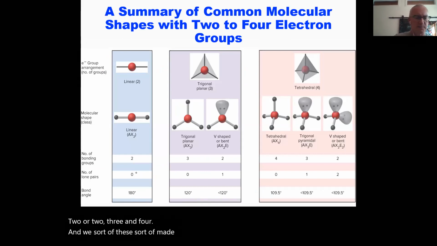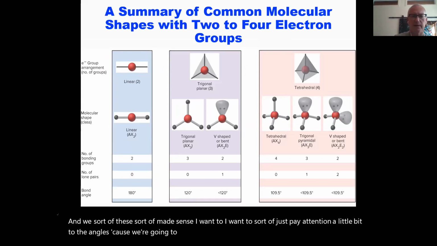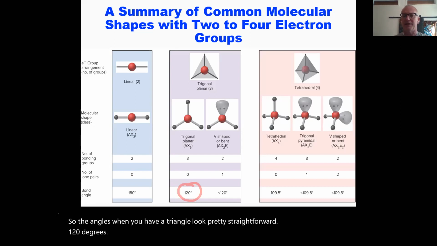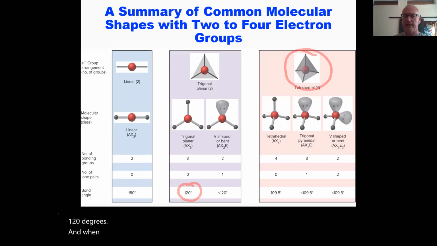I want to pay attention a little bit to the angles, because we're going to be doing a little bit of that tonight. So the angles, when you have a triangle, are pretty straightforward, 120 degrees. And when it's tetrahedral, like this, the ideal angle is 109.5.